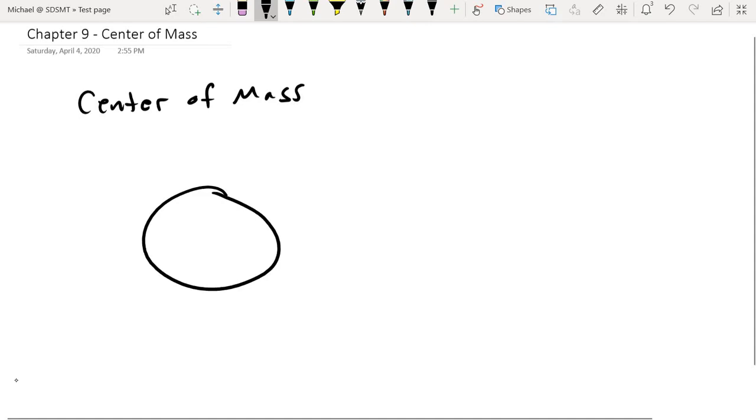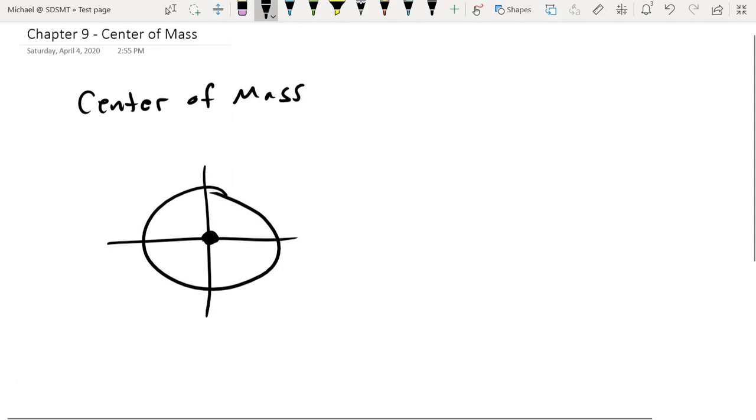As it kind of sounds, if we have a mass and we look at the center point of that mass, then is that necessarily the center of the mass?